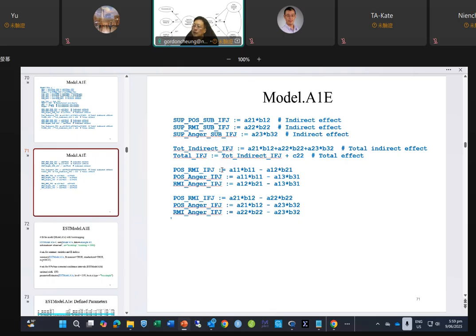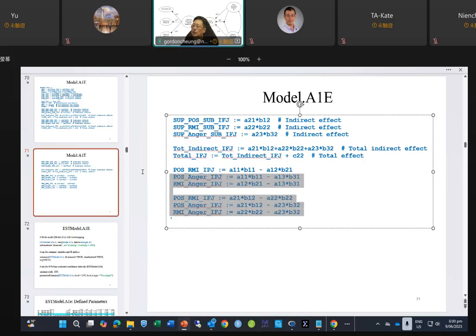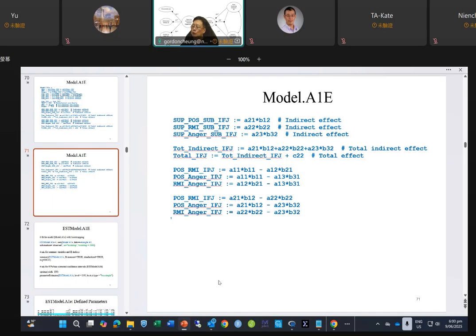We just create another new parameter, which is the difference of the two indirect effects. So we added these last 6 lines in our model A1E, the difference between the paths. It is based on our last model, but we add the differences of the indirect effects.